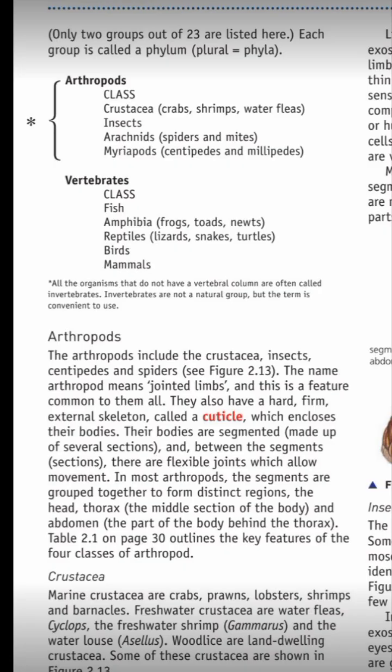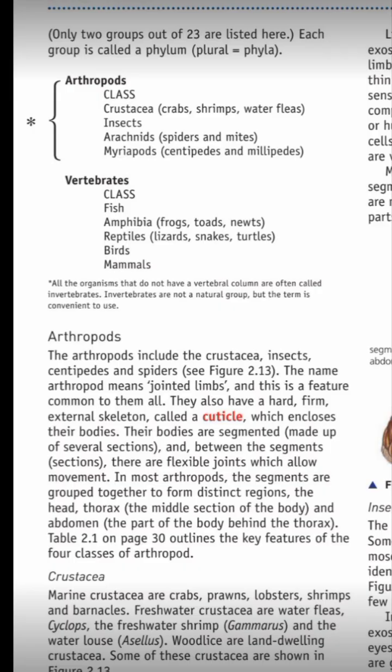The phylum Arthropoda is divided further into the following classes: crustacea, insects, arachnids, myriapods. And the vertebrates are divided into different classes like fish, amphibians, birds, reptiles and mammals. These are the classes of the groups Arthropoda and the vertebrates.